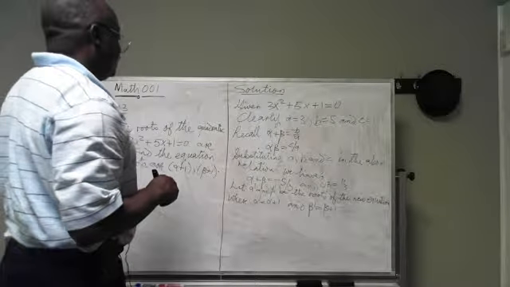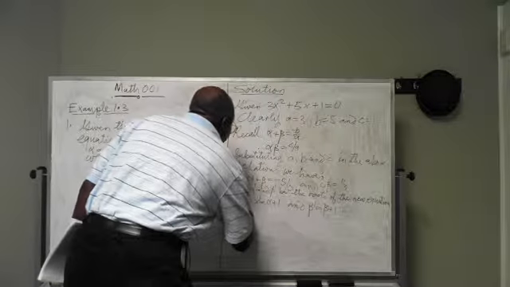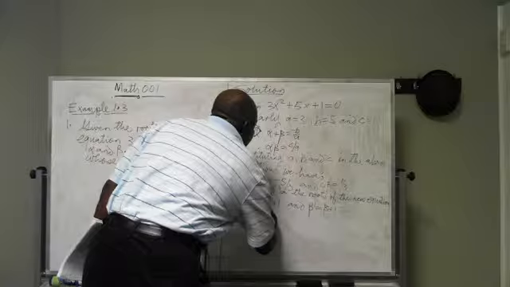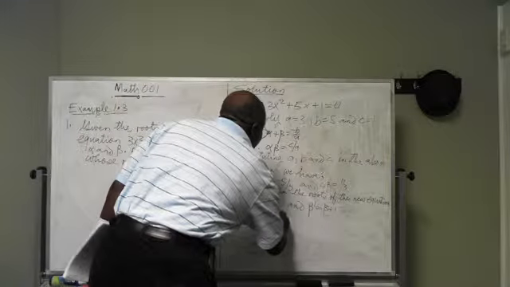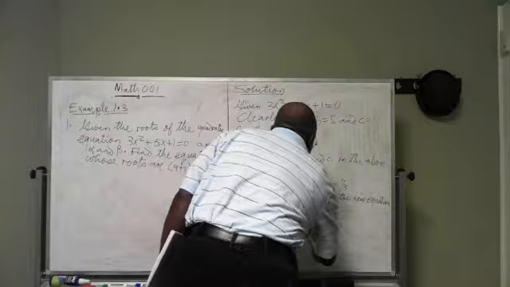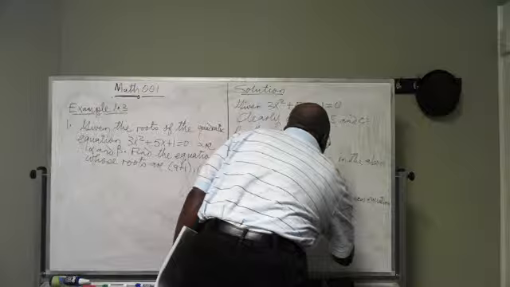This tells us that alpha prime plus beta prime equals alpha plus 1 plus beta plus 1, which is equal to alpha plus beta plus 2.